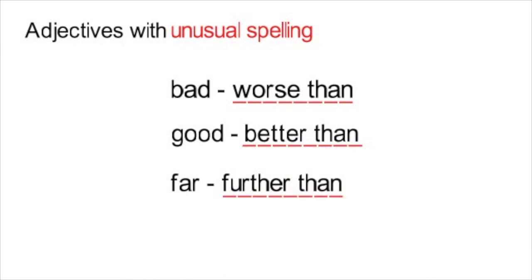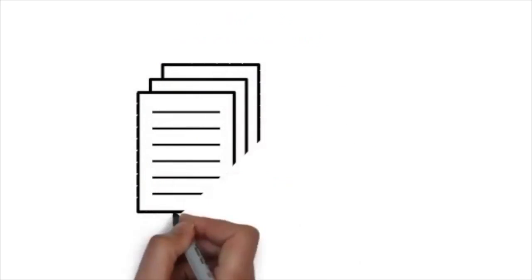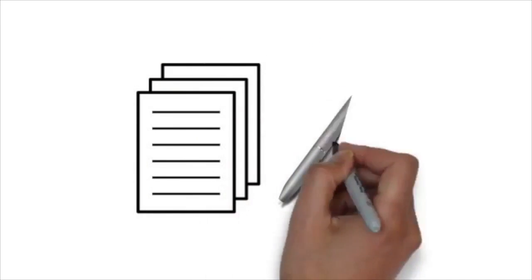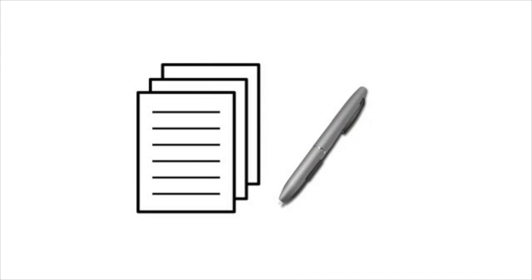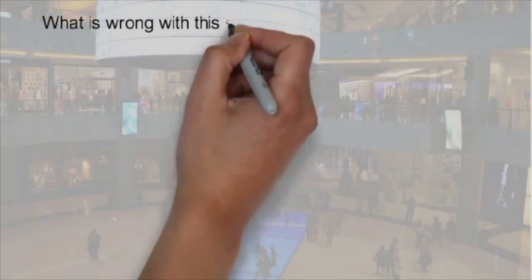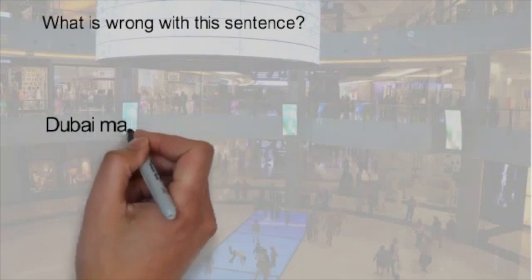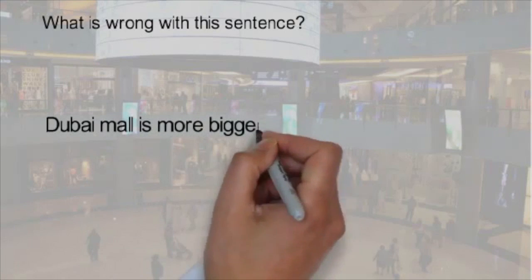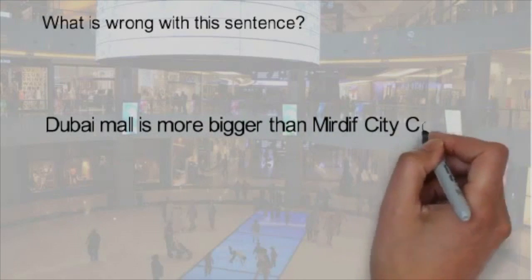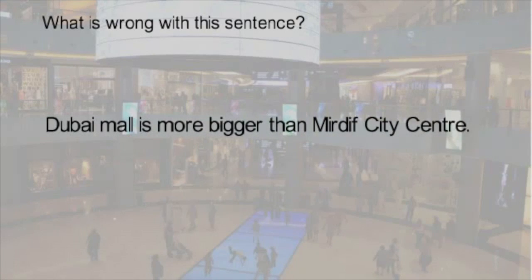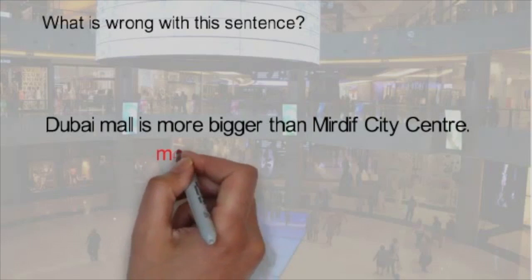Let's try some examples. You will need your note-taking sheet and your pen or pencil to complete these activities. Let's do them together. Can you find the mistakes in these sentences? Here's the first one. Dubai Mall is more bigger than Murdiff City Centre. What's wrong with this sentence?